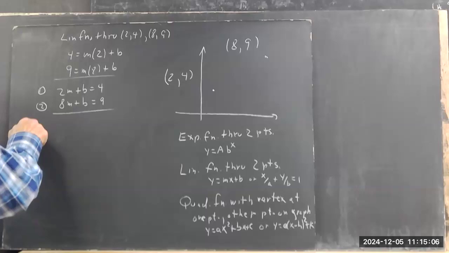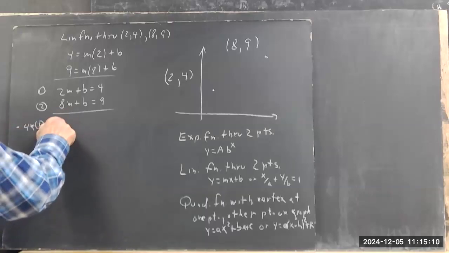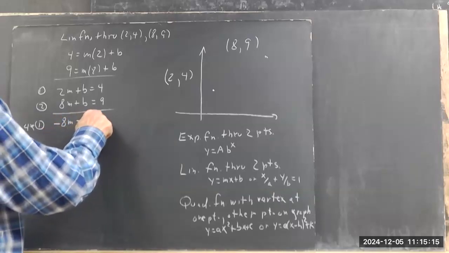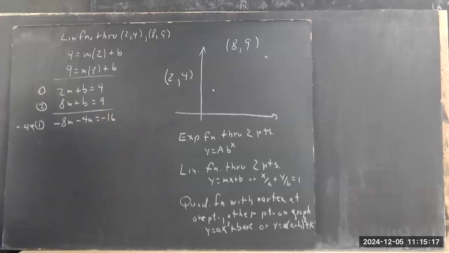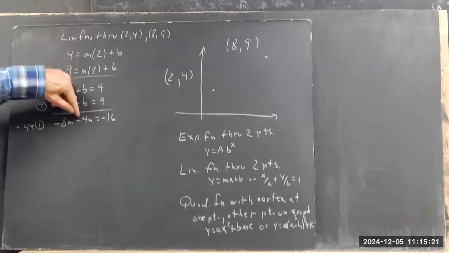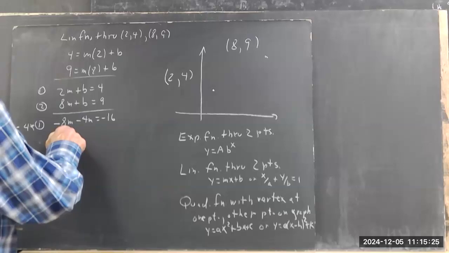I'm going to do negative 4 times equation 1, which should give me negative 8m minus 4b equals negative 16. Multiplying negative 4 by the 2 gives us this, by the b gives us this. Negative 4 times 4 is negative 16.